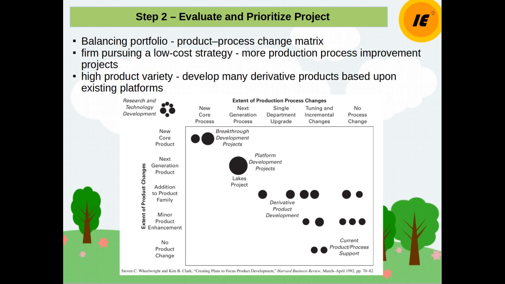Process basically means, I would say, maybe the same sort of product but a different sort of manufacturing. Let's understand this in more detail. The figure here is also called the product-process change matrix.